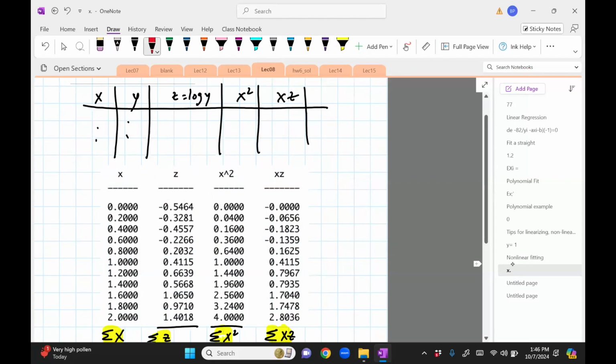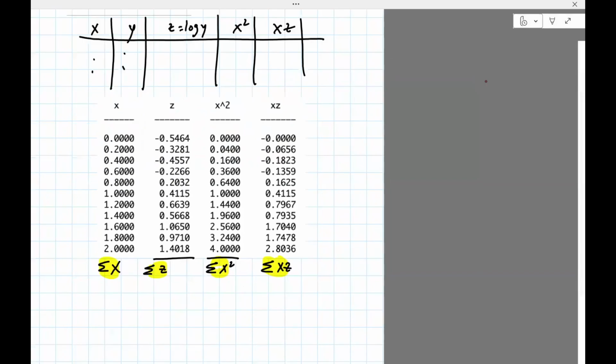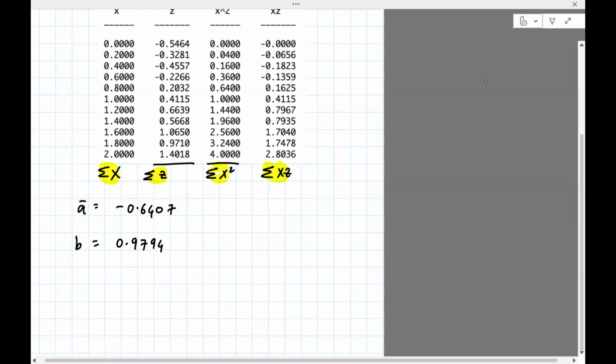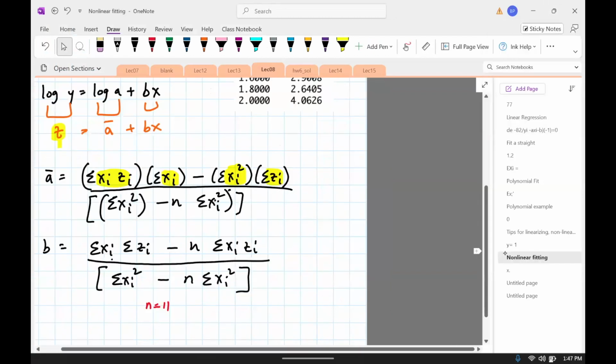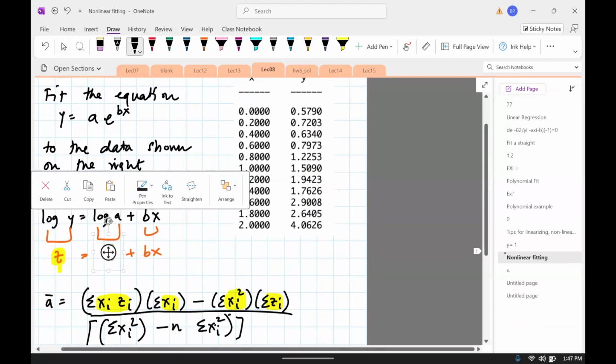Okay, so doing that, from the previous page, a bar comes out to be minus 0.6407, sorry, and then b is 0.9794. And then remember that we are not after a bar, but after a.